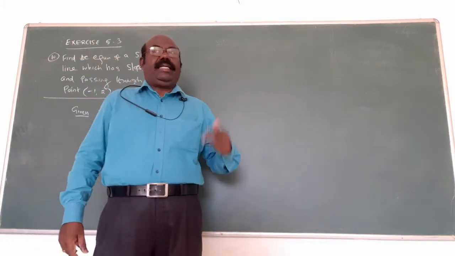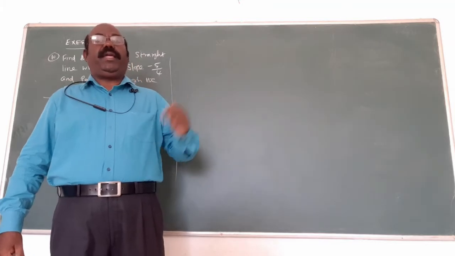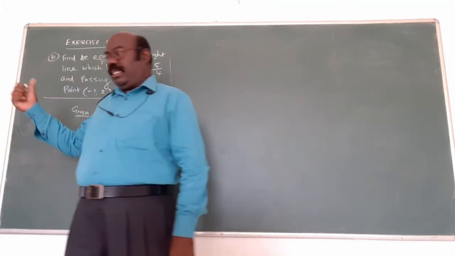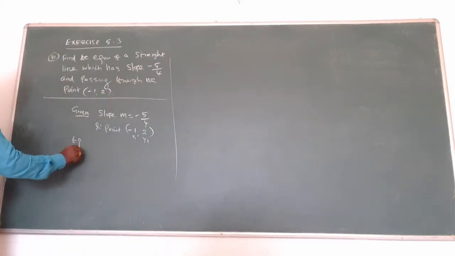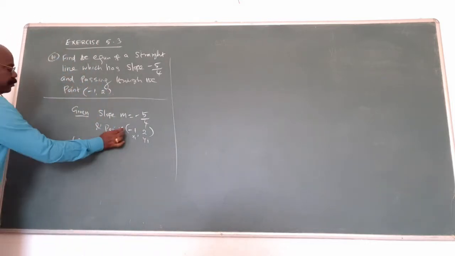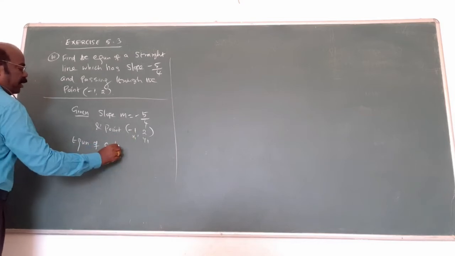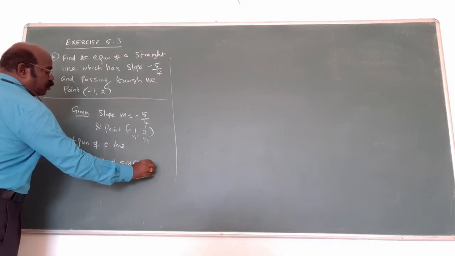When the x intercept and y intercept are given, x by a plus y by b equals 1. Just to go through all the formulas. For this particular problem, one slope and one point are given. What is the formula for the equation of a straight line? y minus y1 equals m into (x minus x1).